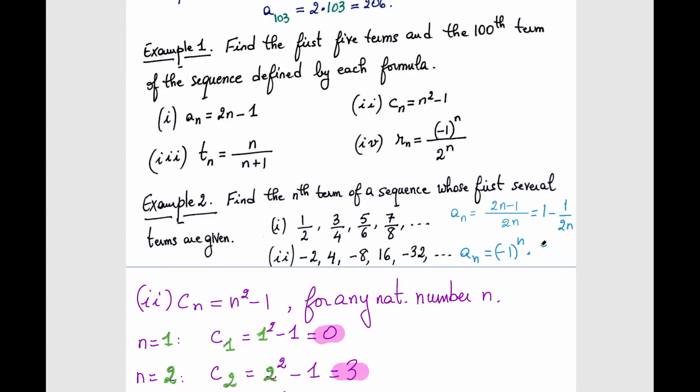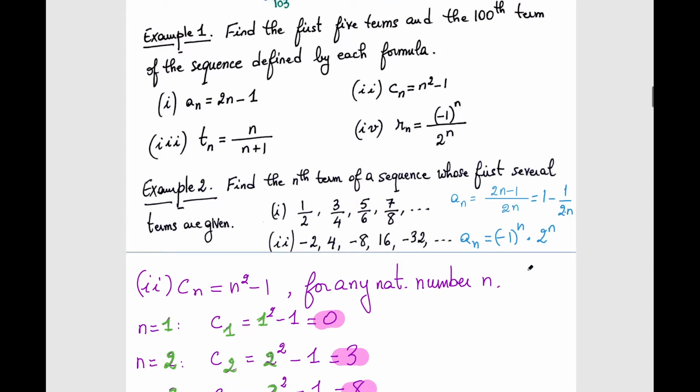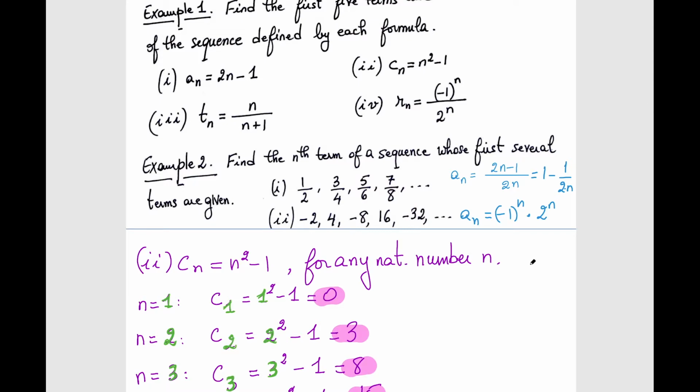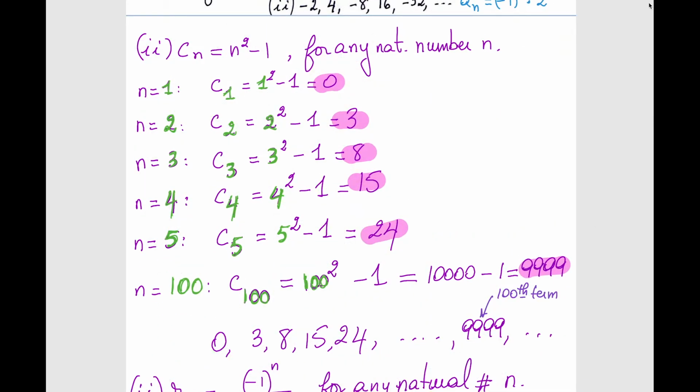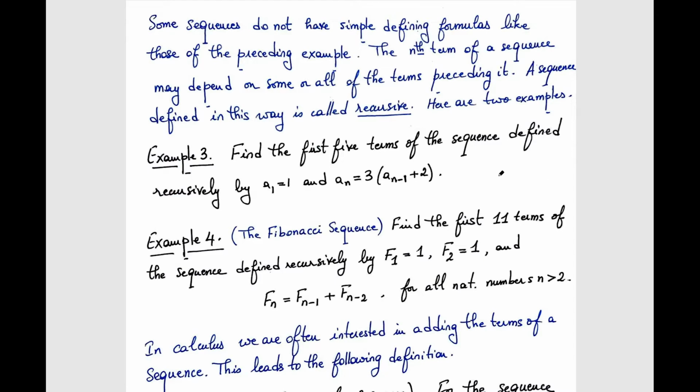And what does this mean? It means 2 to power n. Makes sense? Upstairs it was 2 times n. That's different, right? All right. So we got this. So we answered the question. The nth term of the sequence is given by this formula, right? Okay. Let me go to the next page.